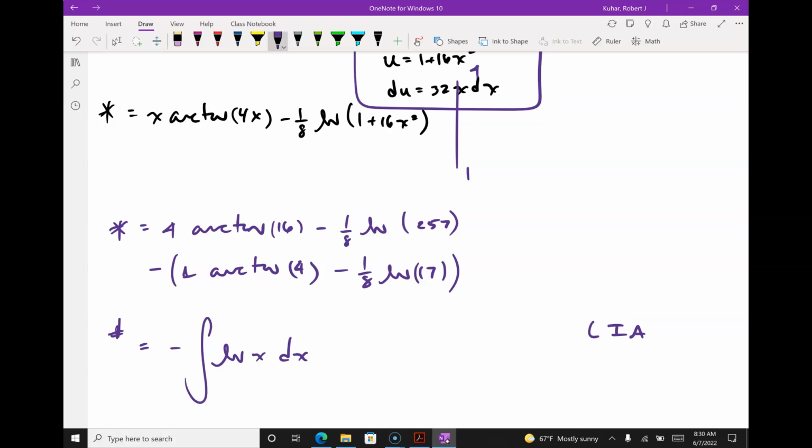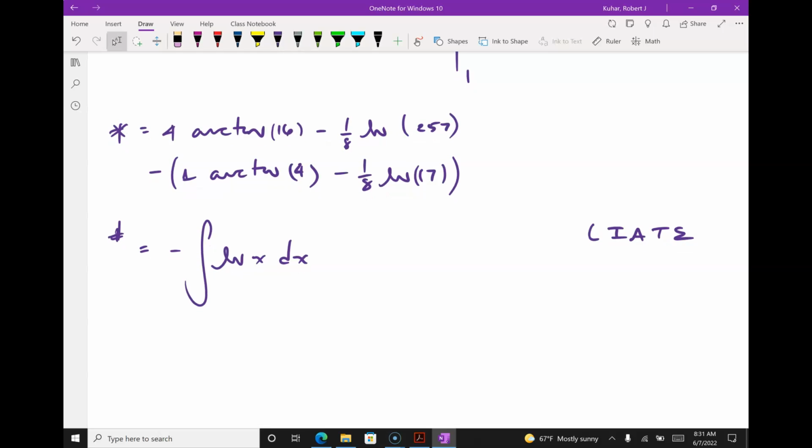Again, by parts. I'm cheating, I just did this problem.